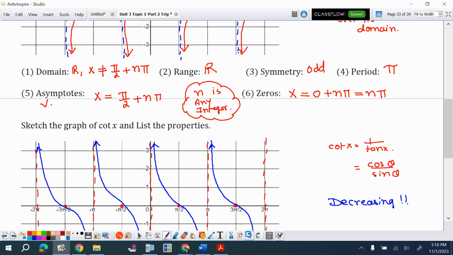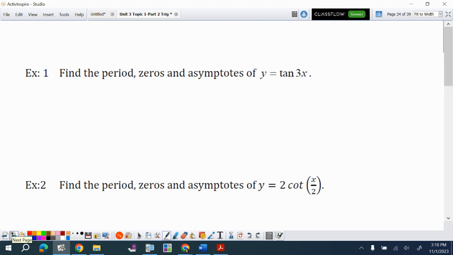Okay, so let's take a look at a couple of examples and see how to sketch the graph also. So tangent of 3x. Let's talk about the relationship between b and period. Normally for sine and cosine, it's 2 pi over b.